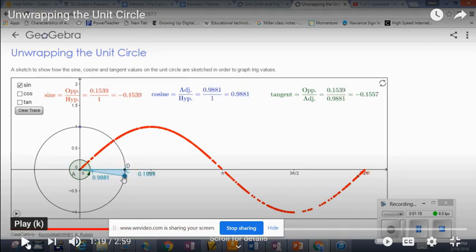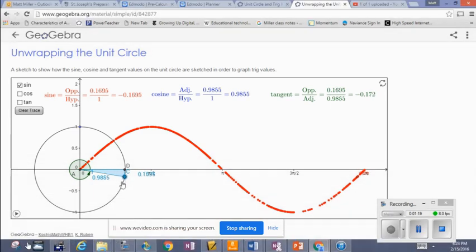So that's what we call one cycle of the sine graph. We went one revolution around the circle, and at every angle measure, we plotted the height of the point around the circle.